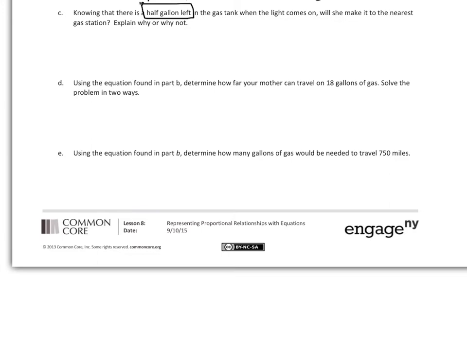One way, we're going to be using our new equation that we just found, M equals 28G, meaning miles left to drive is equal to 28 times the number of gallons I have. Well, half a gallon left, that's my G value.